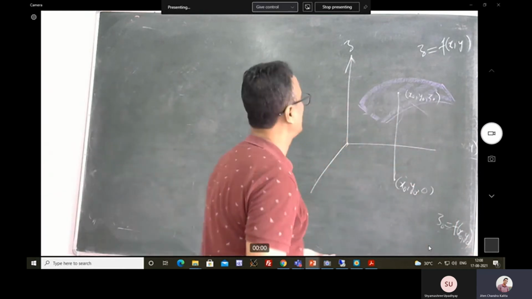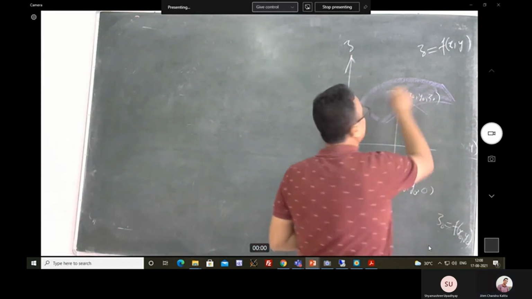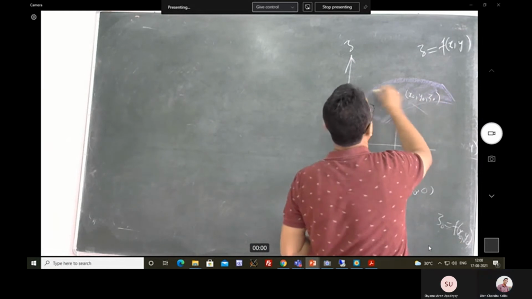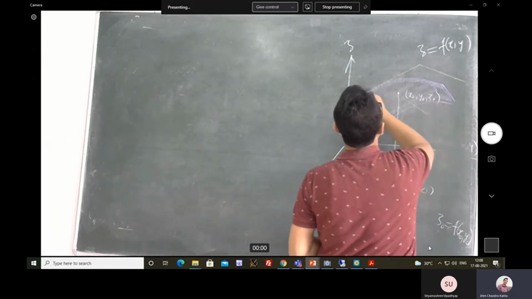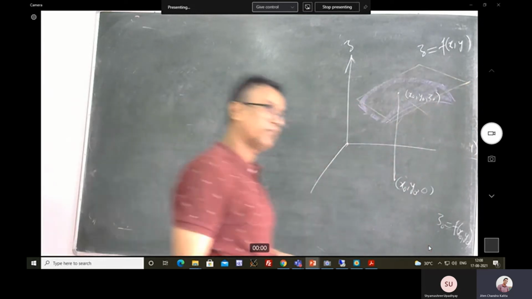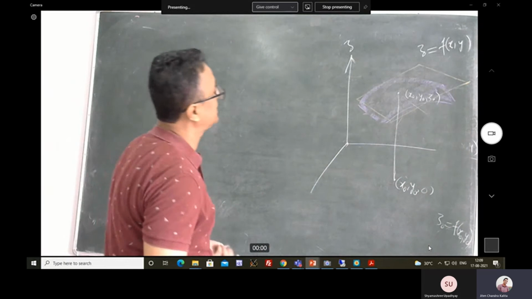Now suppose I consider a tangent plane to this surface at this point. So then it is going to be something like this. Now what is happening here?